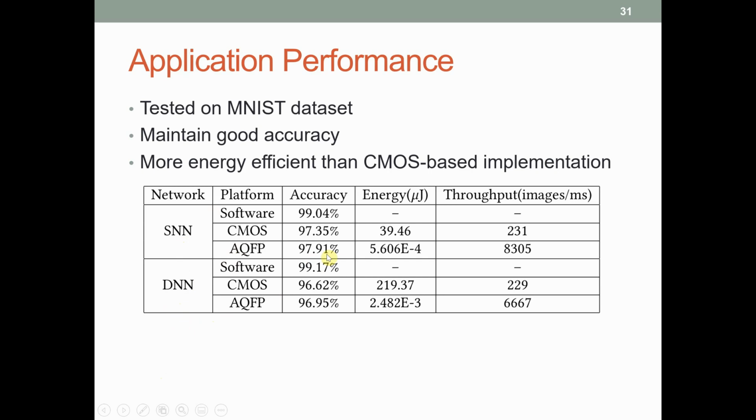The accuracy of the stochastic computing-based AQFP is even higher compared with the stochastic computing-based CMOS, because the subsampling is more accurate, and the bitonic sorter is also more accurate. The energy can be multiple orders of magnitude better. Energy is the key advantage of AQFP; although it has other advantages, energy is definitely the most prominent one.